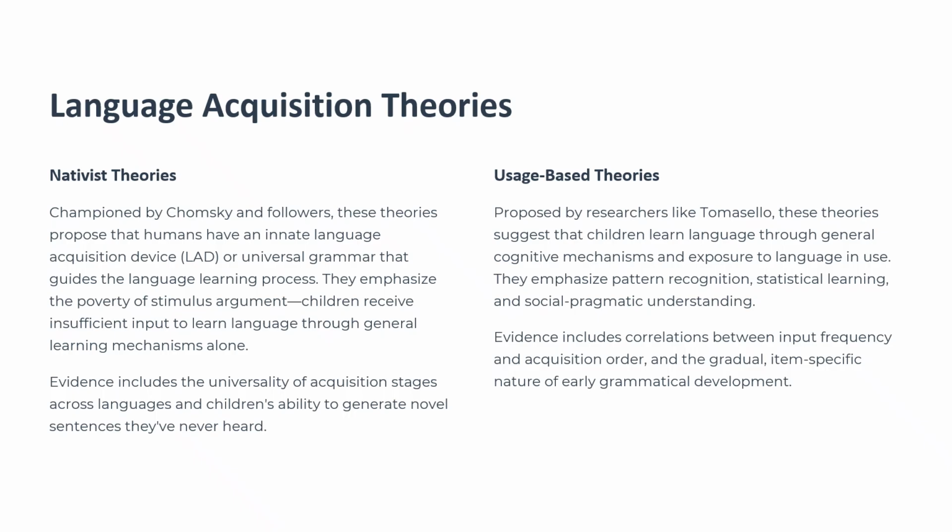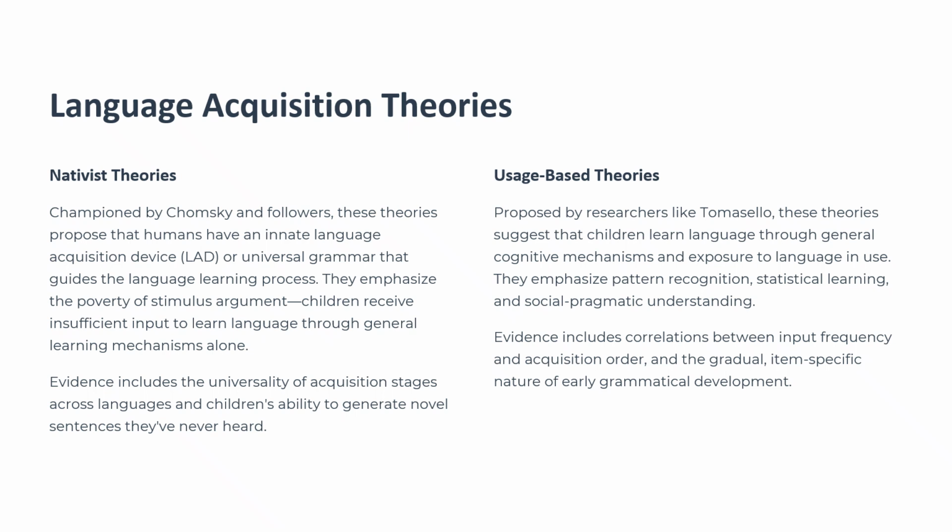They emphasize the poverty of stimulus argument: children receive insufficient input to learn language through general learning mechanisms alone. Evidence includes the universality of acquisition stages across languages and children's ability to generate novel sentences they have never heard.